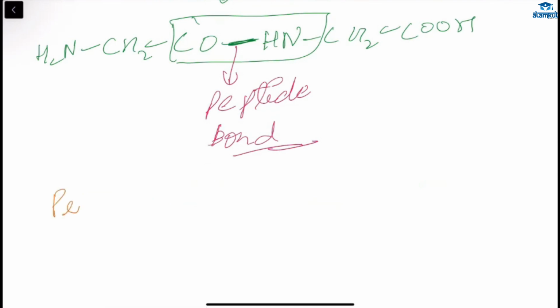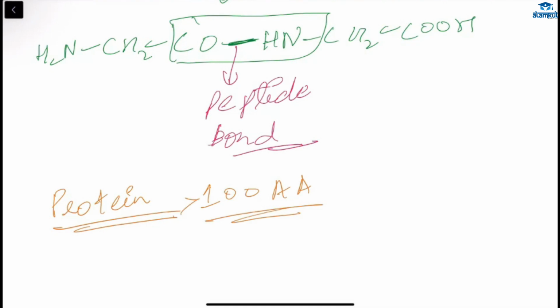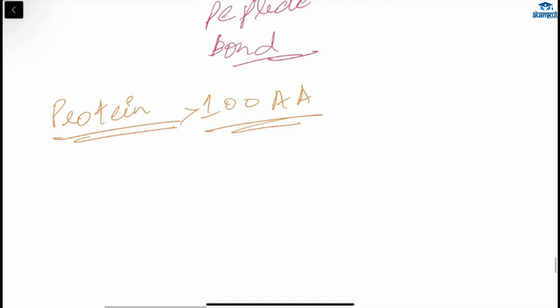Because till now we say polypeptide. It will be called a protein when the number of amino acids is more than 100. More than 100 amino acids joined together, and their atomic mass should be more than 10,000. Then only we will call a bond between a lot of peptides or amino acids a protein.